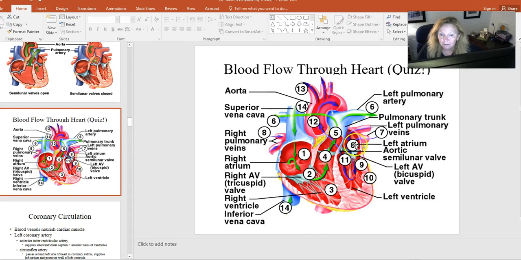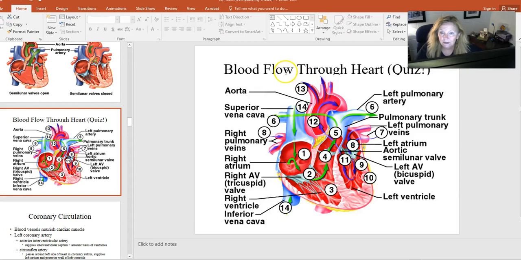So here you're in the left atrium. You'll pass the mitral valve, also known as the bicuspid, also known as the left AV, and now you're in the left ventricle. From the left ventricle, when it contracts, you pass by the aortic valve, and now you're in the aorta, and then you will be sent to the system.